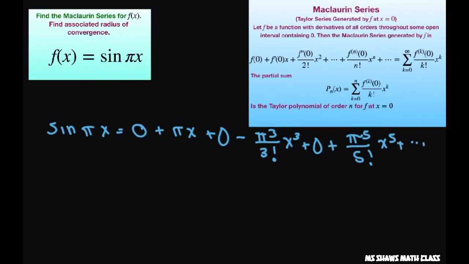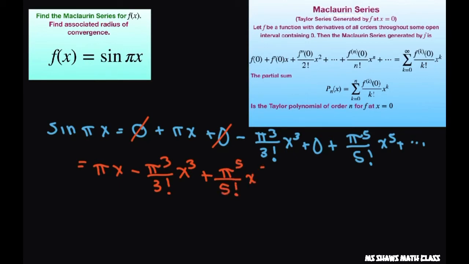Now this simplifies, taking out the zeros, to pi x minus pi cubed divided by 3 factorial times x cubed plus pi to the 5th power divided by 5 factorial x to the 5th, and let's add another one based off our pattern, minus pi to the 7th power divided by 7 factorial x to the 7th power plus dot dot dot.